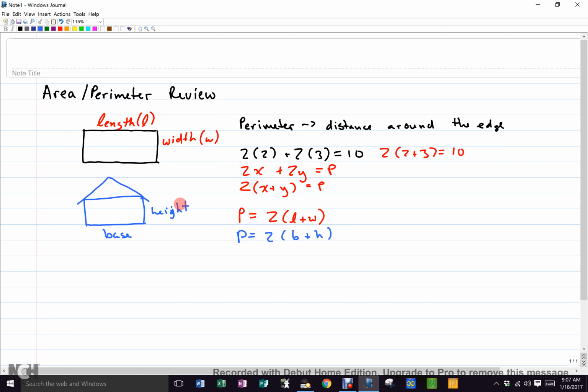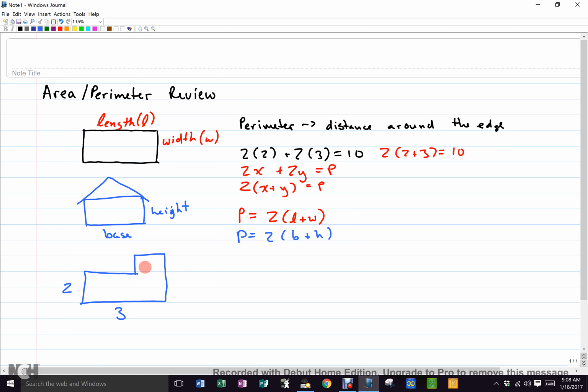Okay. What if I do this? Now how do you do perimeter? Dale. Perimeter is around the edge, right?